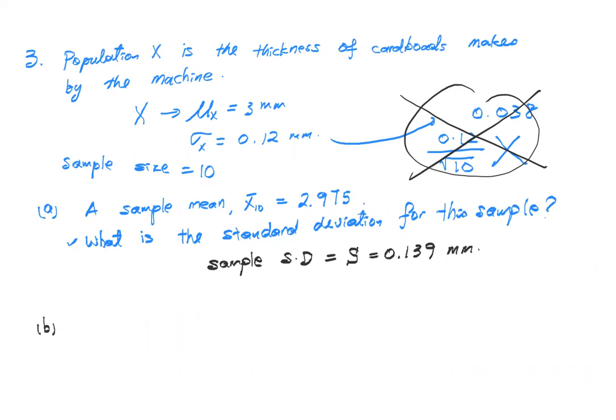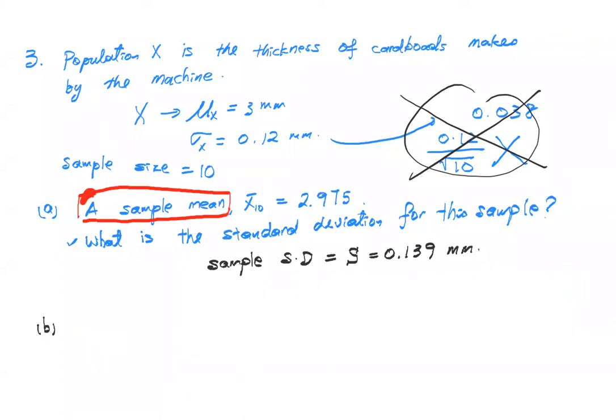Then part B. Part B is the one where you are supposed to use this formula, because they ask, what is the mean and the standard deviation of X bar 10? You see, I purposely wrote for part A this as a sample mean.